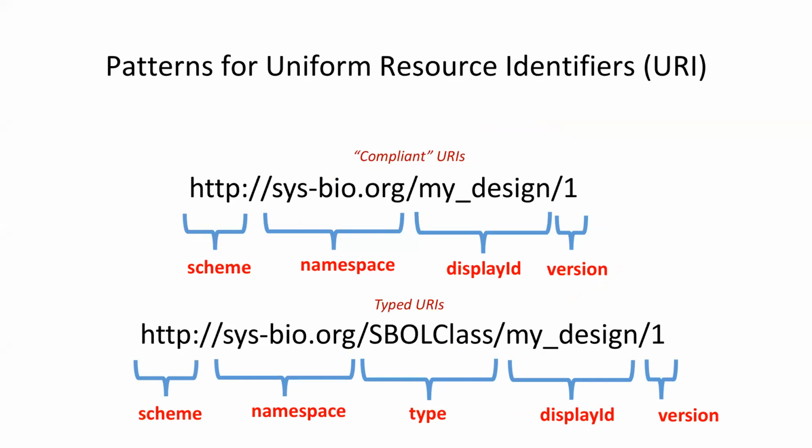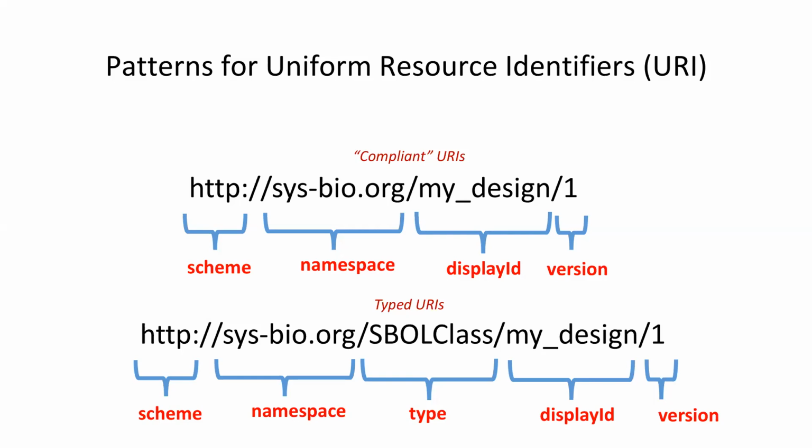The first one is what I would describe as open world URIs, and I'm not even going to talk about that very much because there be dragons. The open world URIs really don't have much structure at all and can be unpredictable in their syntax.